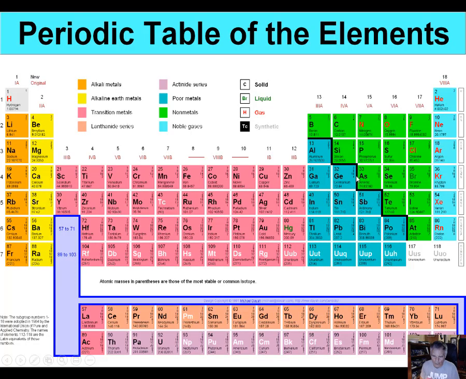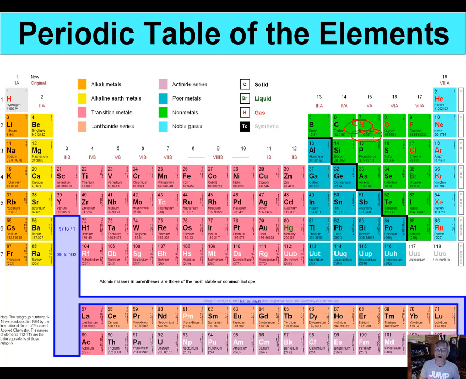So let's take a look at some of the masses that are on the periodic table. Let's take nitrogen, for instance. If I look at nitrogen, what it's telling me is that it has a mass of 14.00674.